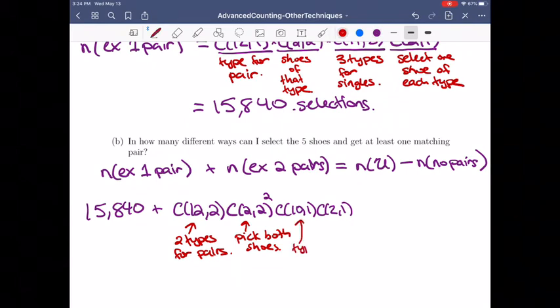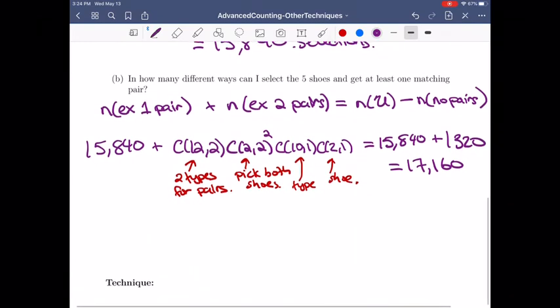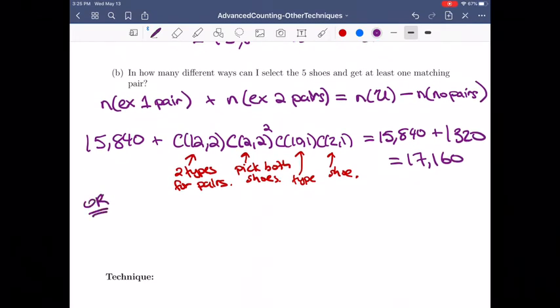So this is 1 type for the single, and then which shoe I got. Using this way, it's going to be 15,840 plus 1,320, which is going to be 17,160.